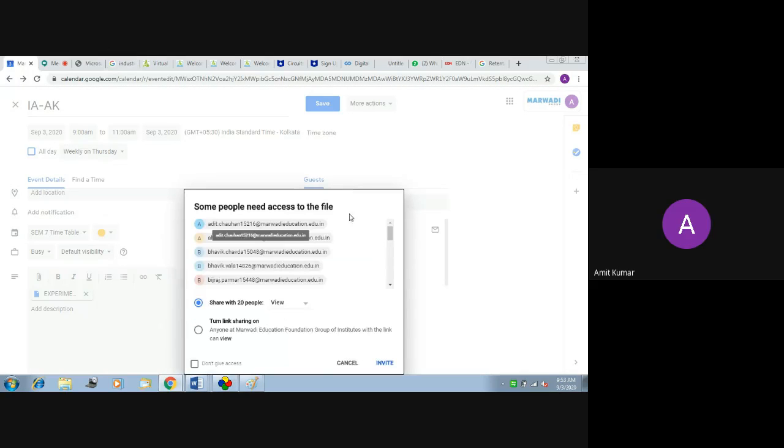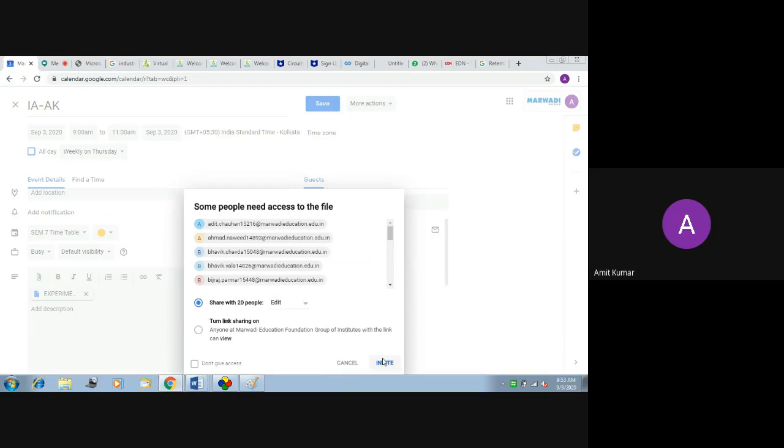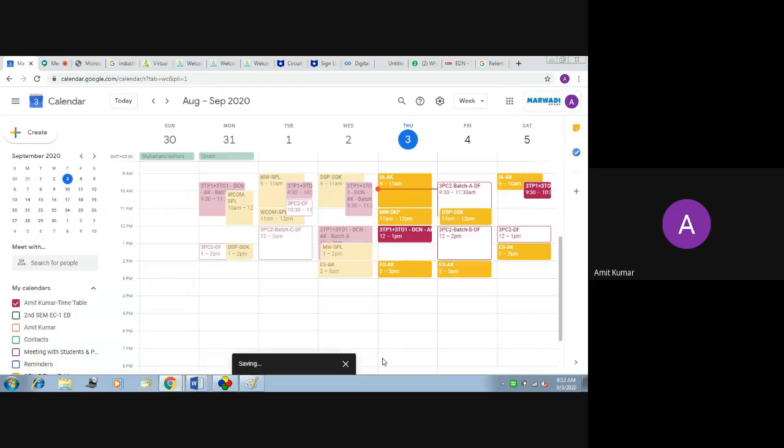So everyone now will be able to download and edit this file.